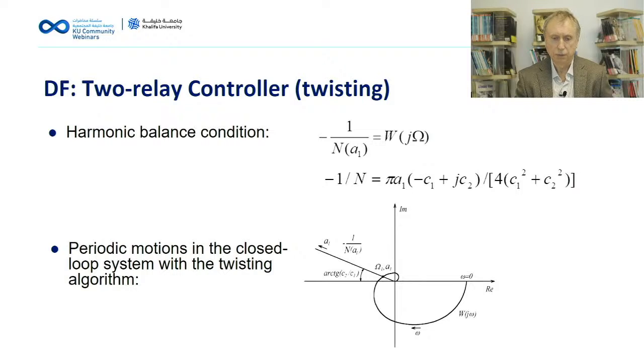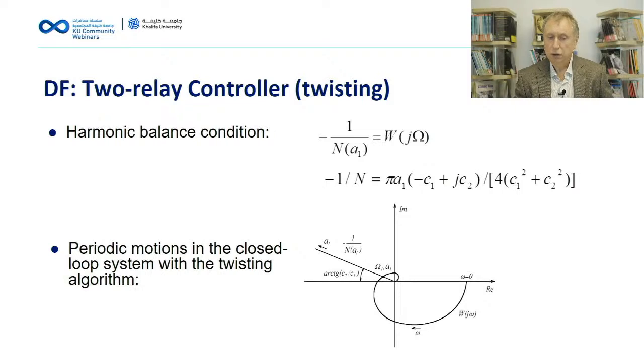So again, if the Nyquist plot of the plant intersects this negative reciprocal of the describing function of the controller, we have chattering in the system, which means we have a periodic solution. We can find omega and A of these oscillations, and this would constitute chattering.